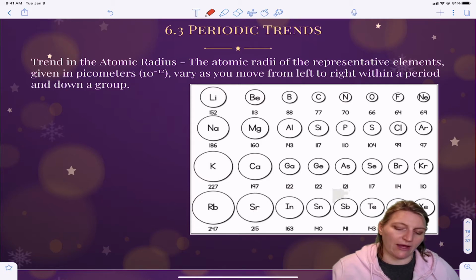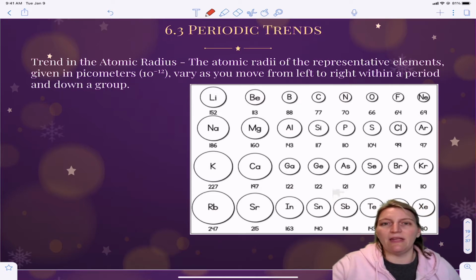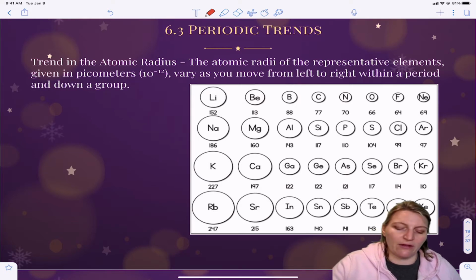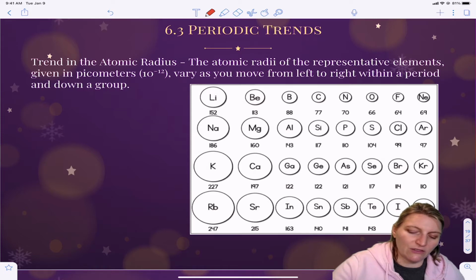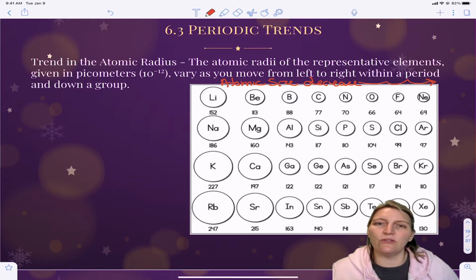It shows us the basic periodic trends, that as you go from left to right on the periodic table, and this of course has the transition metals removed, the atomic size decreases. And that's the strange one.